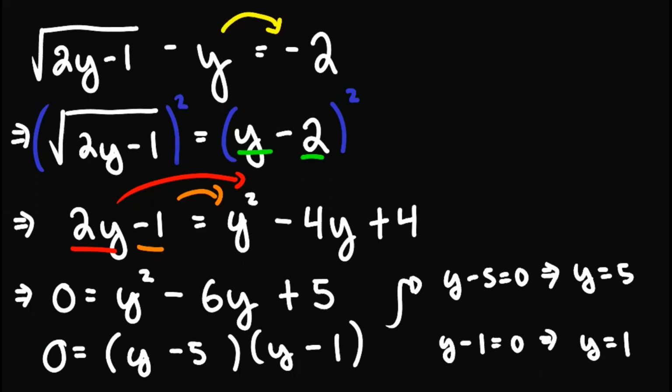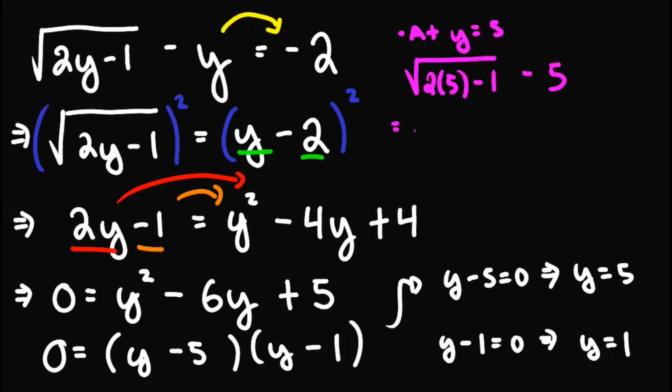Now, before we can conclude that these are the right solutions to this one, let us first check. So let's have y equals 5. We have the square root of 2 times 5 minus 1 minus 5.